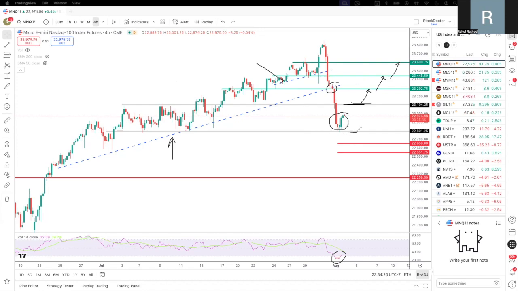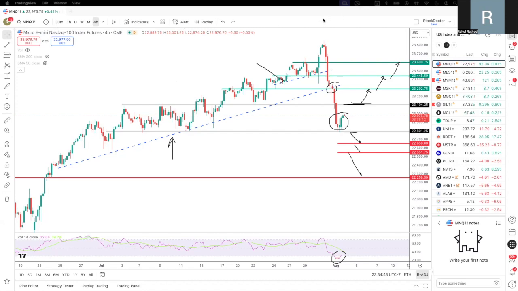If it breaks below 22,800, then 22,650, 22,550, and 22,250 is coming for sure. So remember these levels: above 23,100 upside and below 22,800 downside.